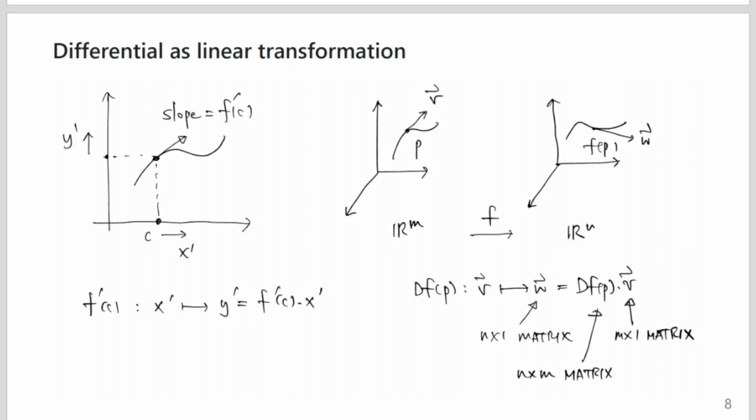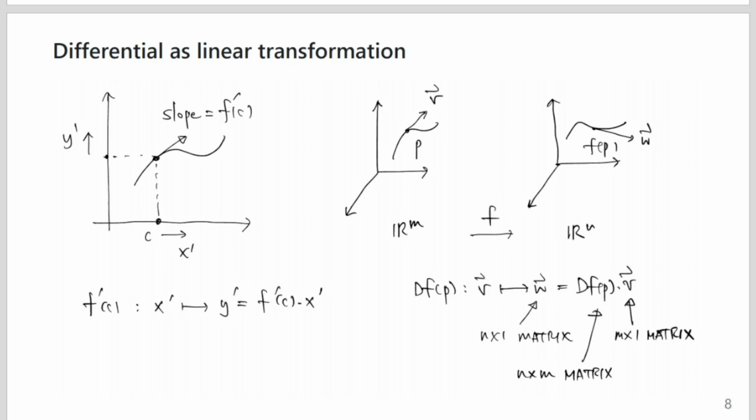Let's apply this to multivariable functions. Suppose a point P in the m-dimensional domain corresponds to a point Fp in the n-dimensional codomain. If P moves along some path, that path will also correspond to a path passing through Fp. We are interested in the instantaneous movement of the point P. Suppose P moves at a speed of v, and the point Fp in the codomain moves at a speed of w.